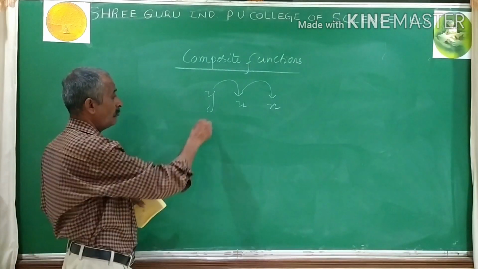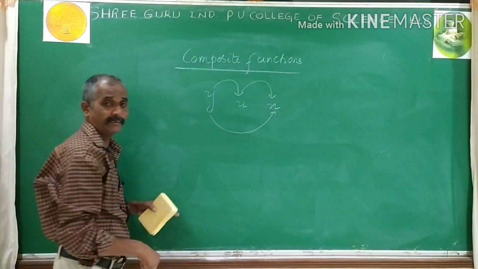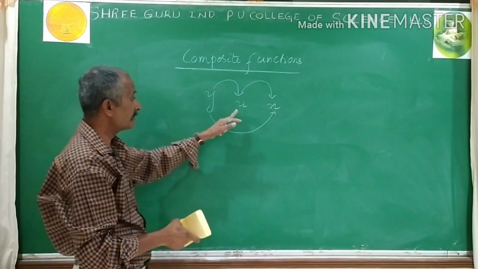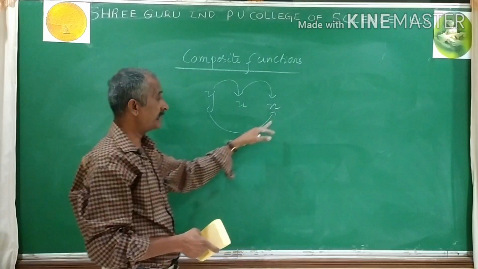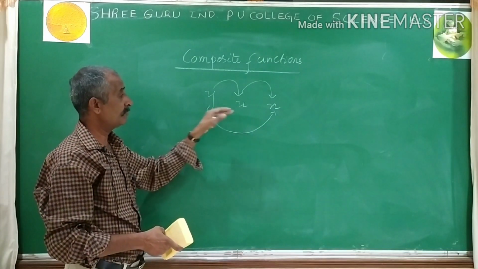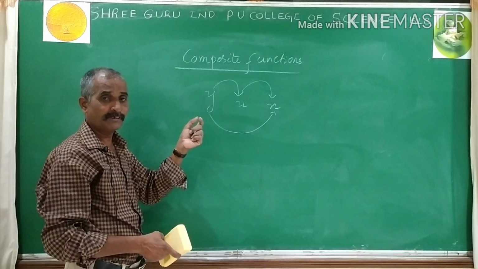No doubt y is 100% a function of x, but not directly, indirectly. First y is depending on u, then u is depending on x. Now we say that y is depending on x through the u function. So we say that here y is a composite function of x.